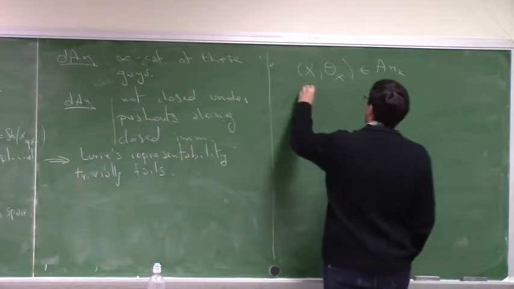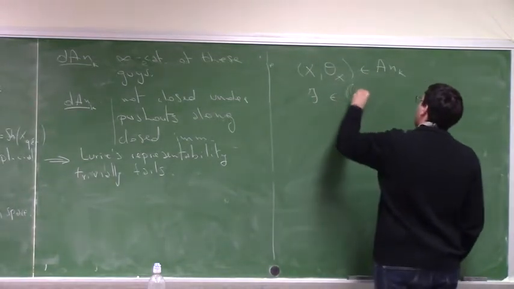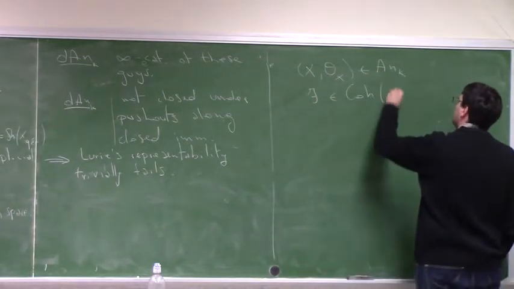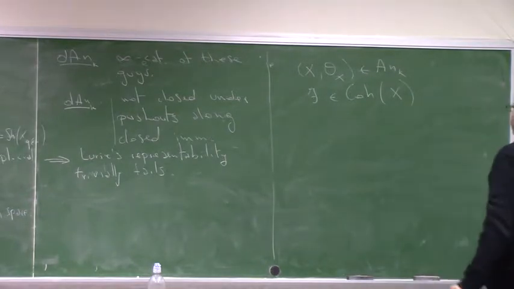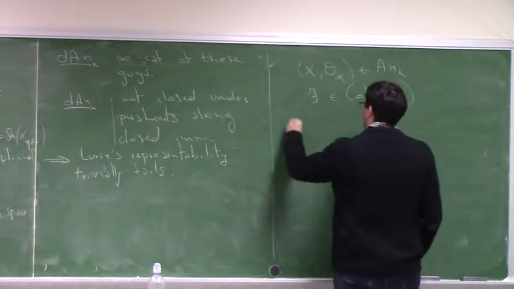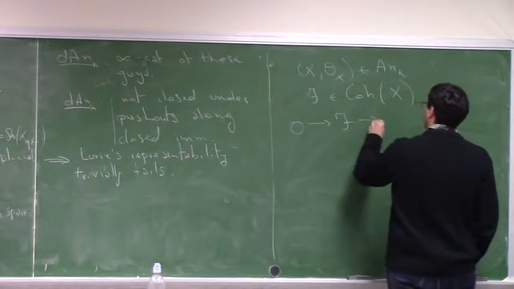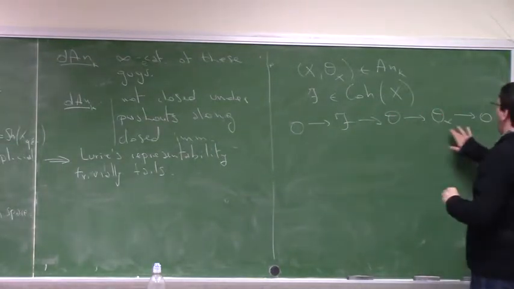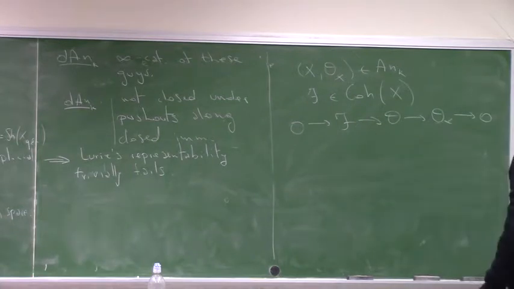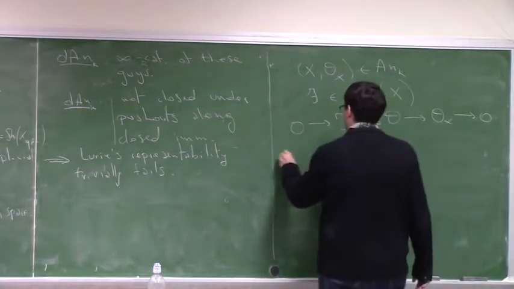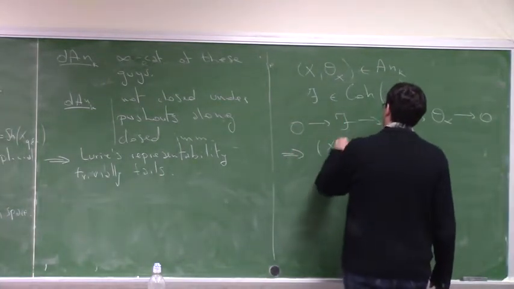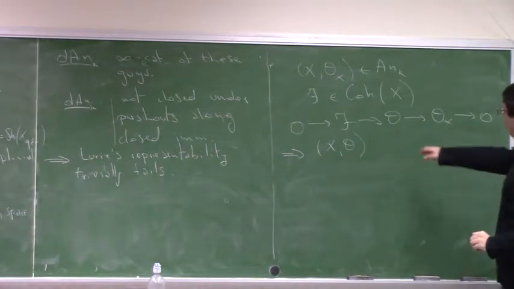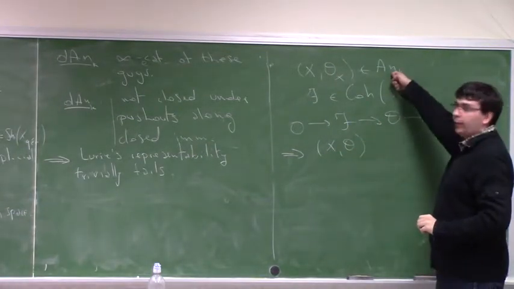And let F be a coherent sheaf, an ordinary coherent sheaf on X. Then I fix a square zero extension of OX by F, and I can consider this pair. And I ask myself whether this is an analytic space.